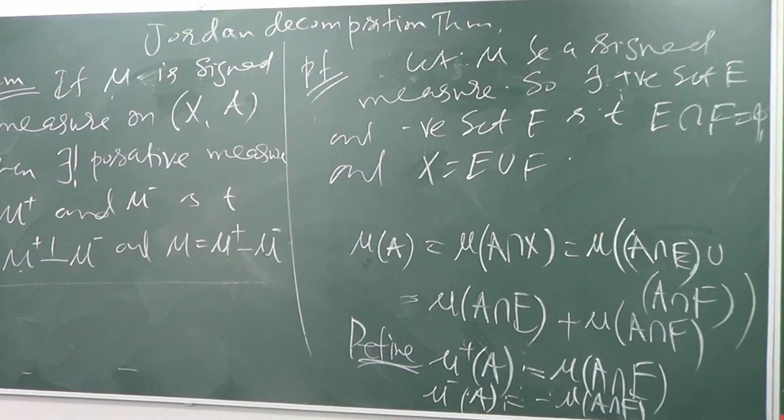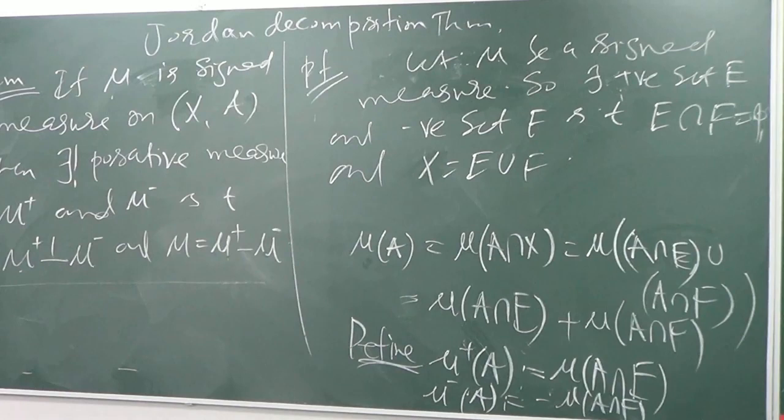Because the statement of the theorem is saying that for every signed measure you can find unique positive measures. They are positive measures. So obviously if the measure of mu minus' is less than or equal to 0, and it's also bigger than or equal to 0, so this must be 0.